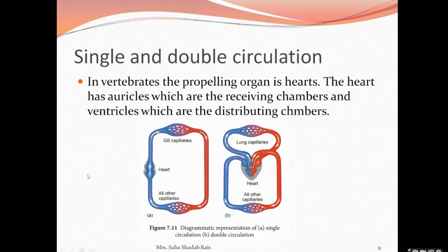In the case of single circulation, the heart has only two chambers. One is receiving and one is returning, or you can say the chamber which is distributing to the gills. Now here the heart has received the deoxygenated blood.